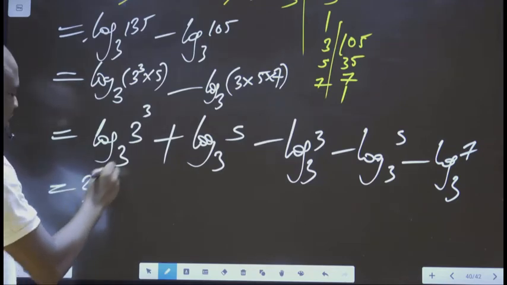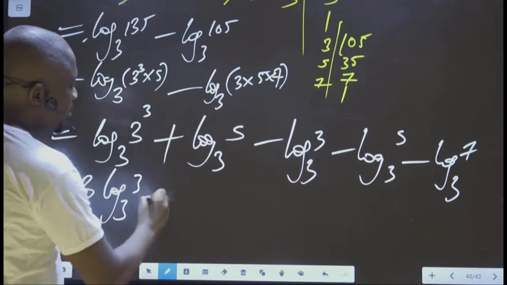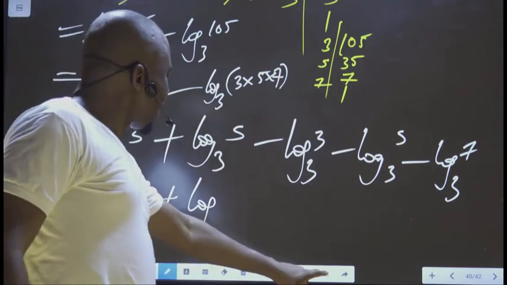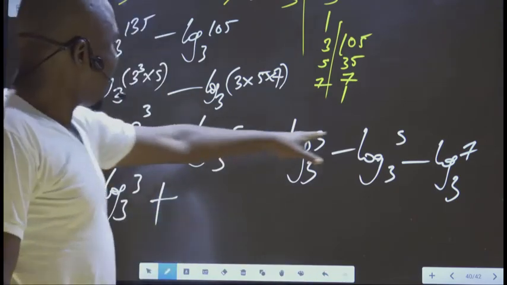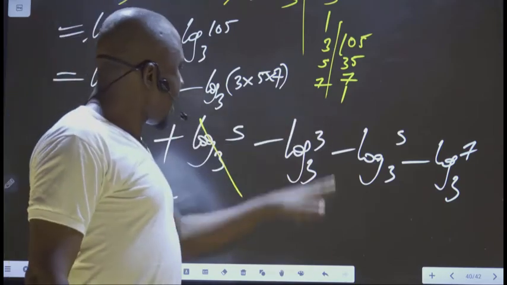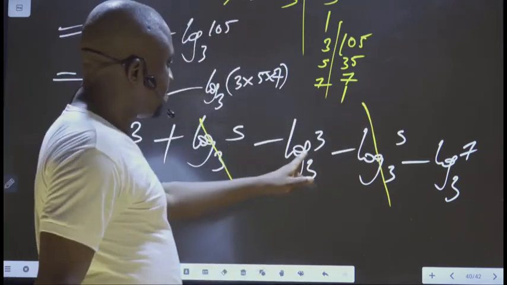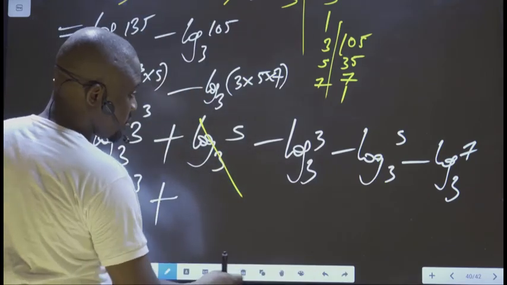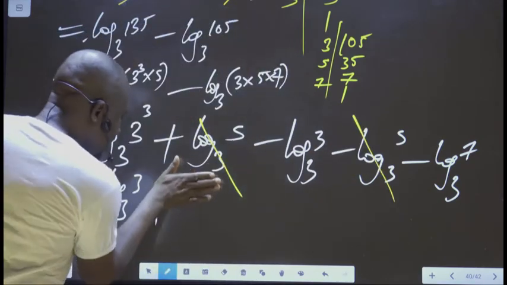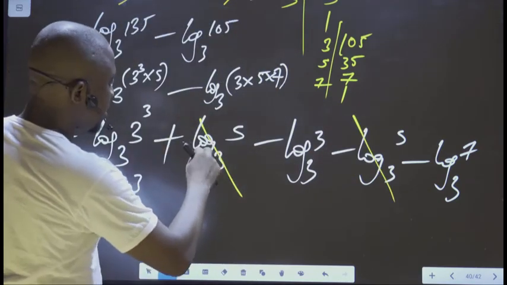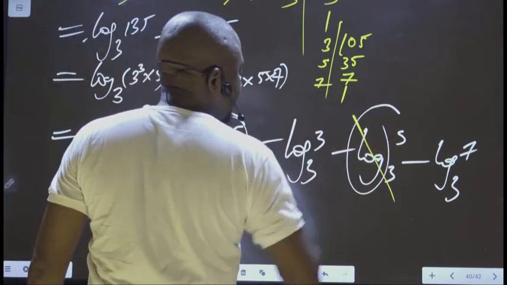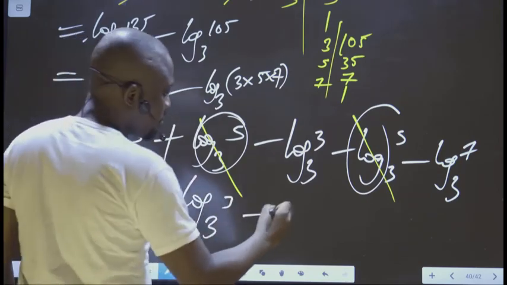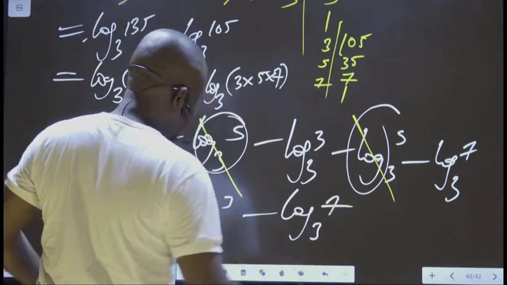This is equal to 3 log 3 raised to the power 3 plus log 3 raised to the power. Okay, let's see if we can reduce anything here before we continue. This and this can help us to reduce the whole thing. There we go. This guy still remains, okay? Let me remove this. If this and this are out of the way, what we have now is minus log 3 raised to the power 3 minus log 3 raised to the power 7.